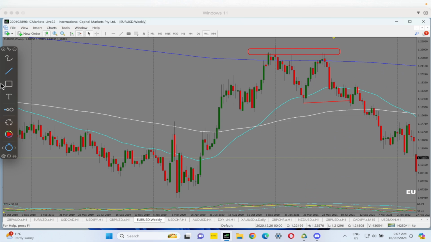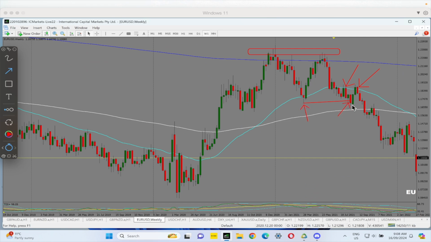Now, was I going to trade this? Definitely not, because the neckline is not broken yet. Where was I going to take my entry? Right there, because the neckline has been broken. Do you see that, guys?